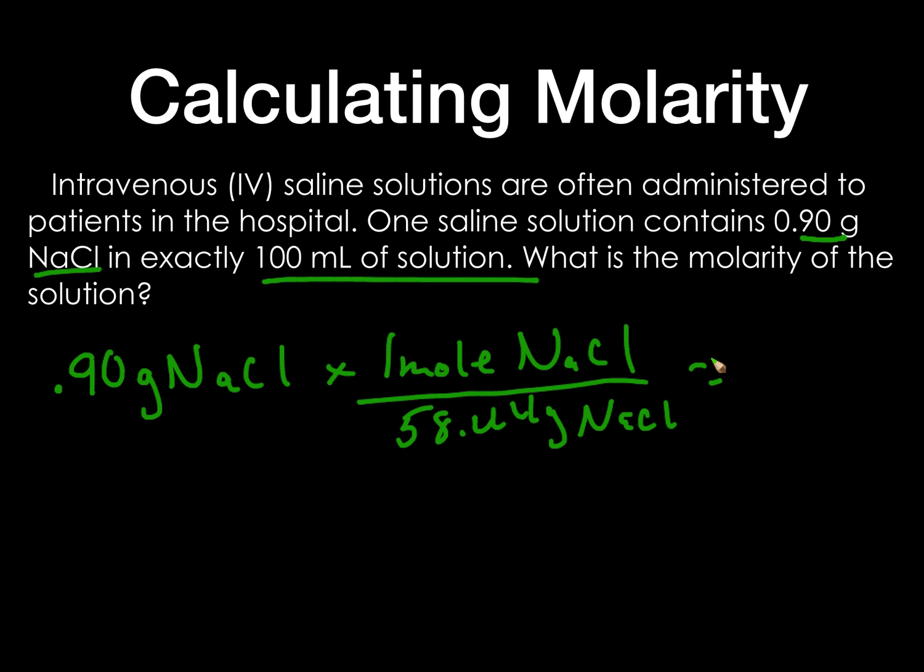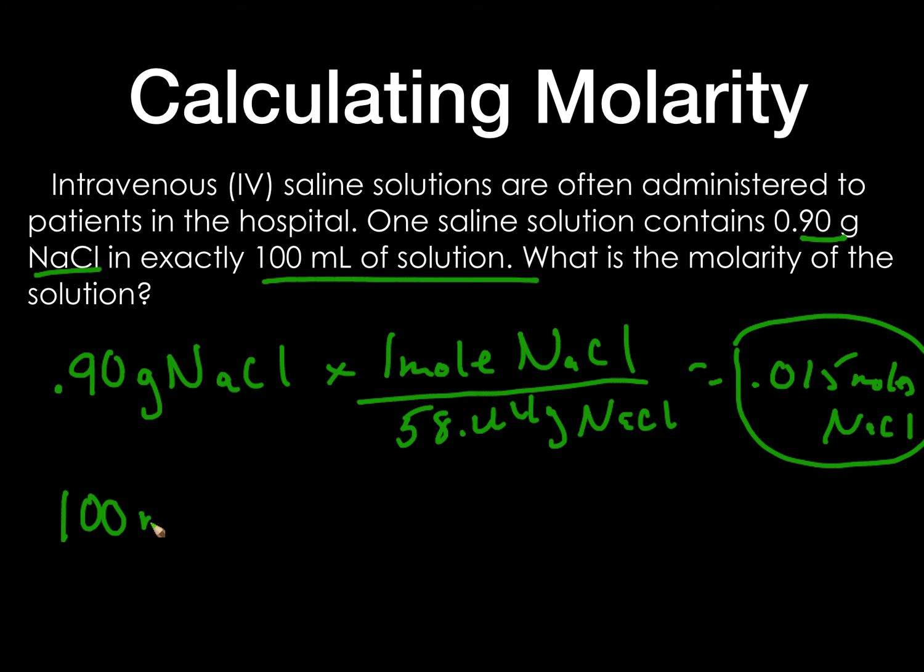So 0.90 divided by 58.44, and I will get 0.015 moles NaCl. So we'll keep this number for a little bit. Now to get our liters of solution, we have 100 milliliters times 0.001 liter in 1 milliliter. So I get 0.1 liters.